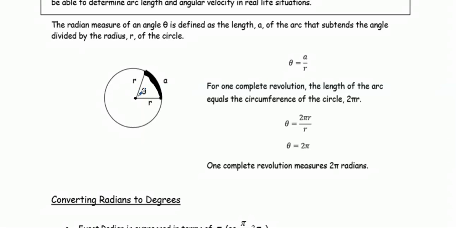So a radian is the length of the arc divided by the radius, and whatever that value is, that is how we would measure that angle. So radian measure is just a different way. It doesn't use degrees. It's just a different way of measuring angles. Arc length divided by radius.